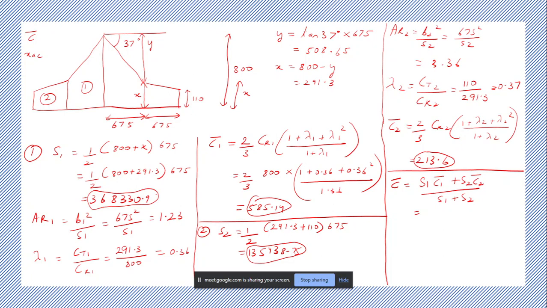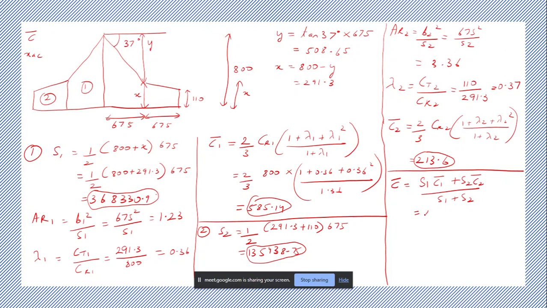What is the value? What is the value? It has to be less than 800 and greater than 110, right?